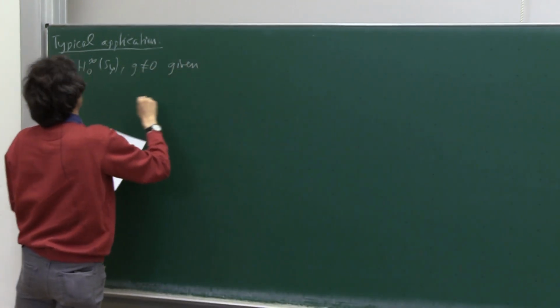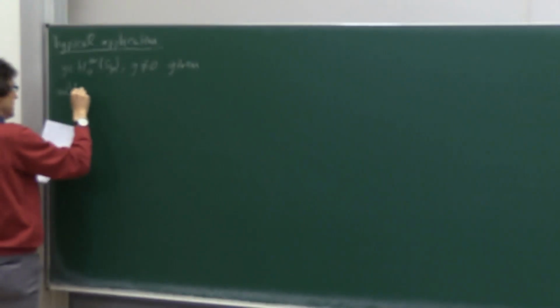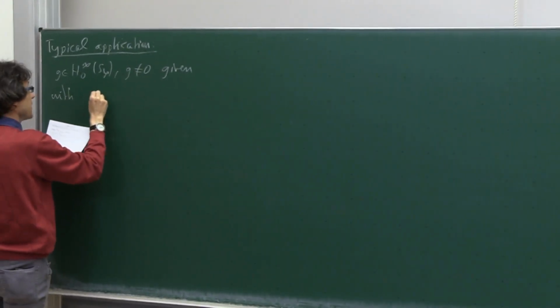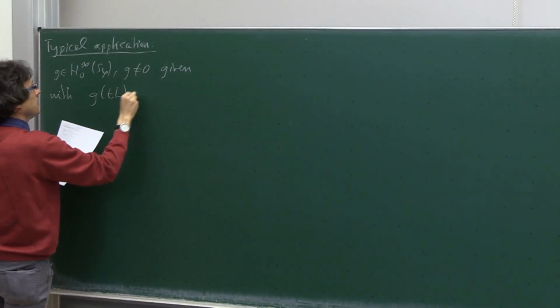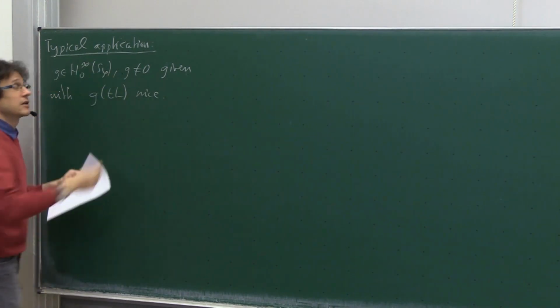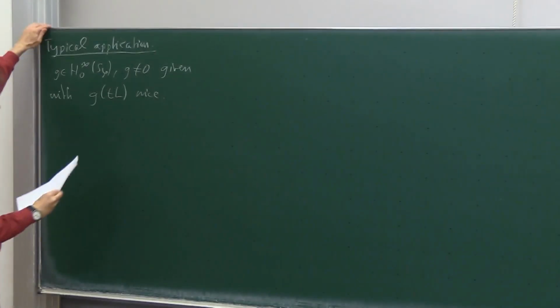So this is a given thing, and this is a nice function in the sense that you know something nice about this operator g of TL. Somehow you know these operators behave nicely in some way, and you want to use this in some proof.